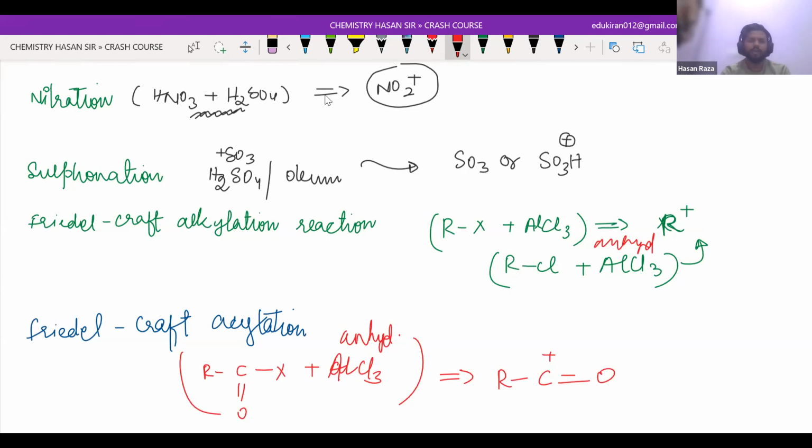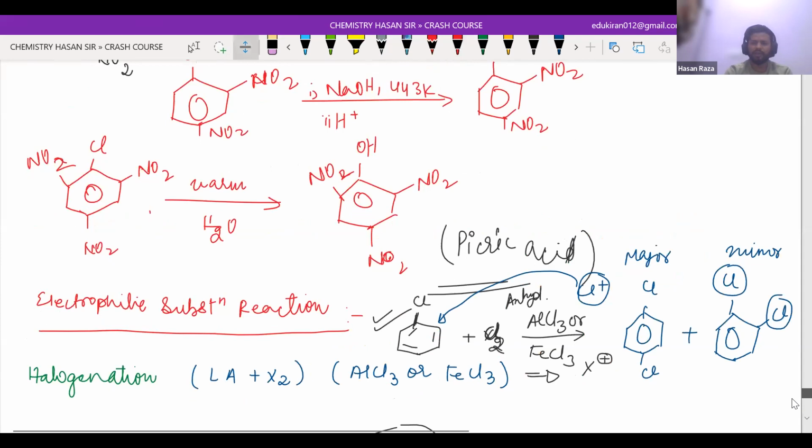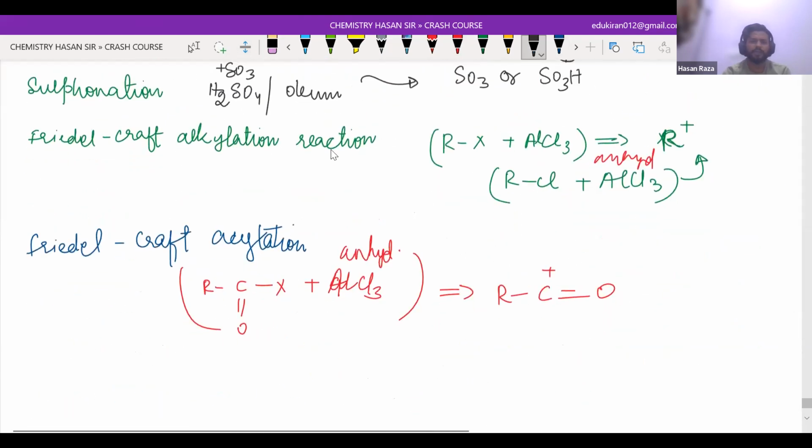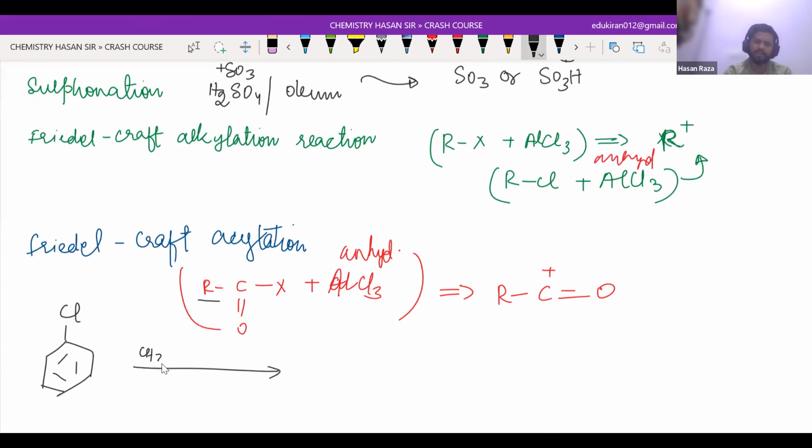I'm going to explain this last reaction, which is also very easy. If you have a chlorobenzene and you react it with, let me take R as CH3, CH3C double bond O Cl, and then anhydrous AlCl3.